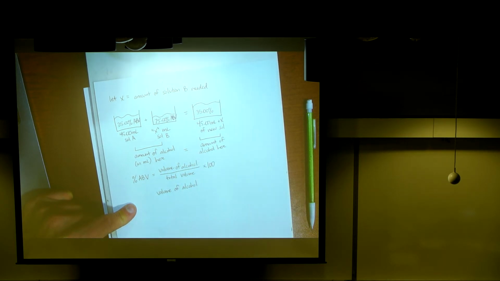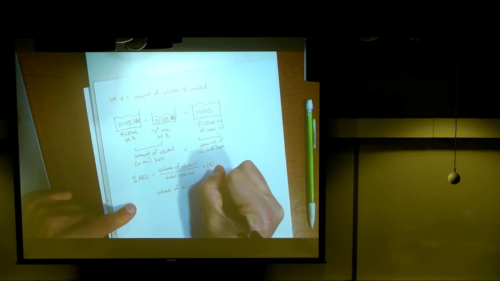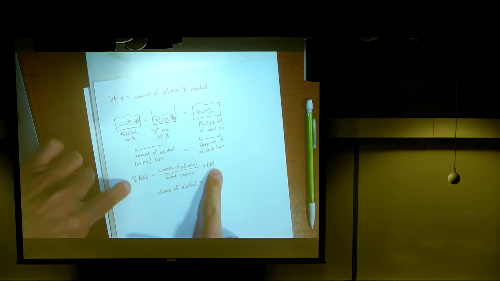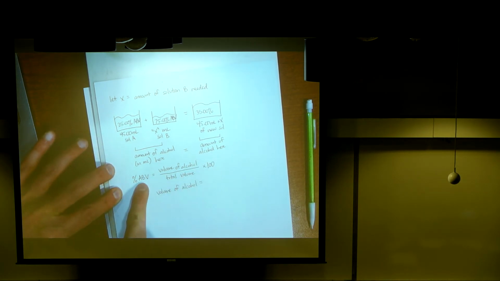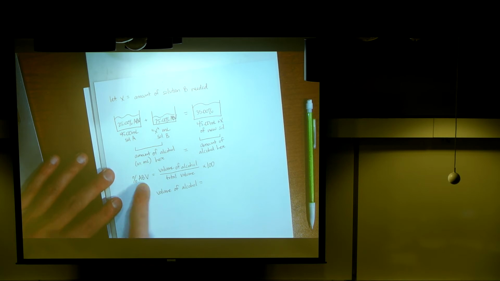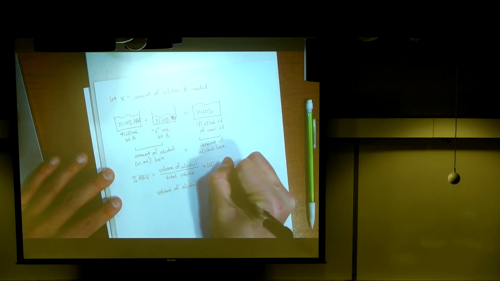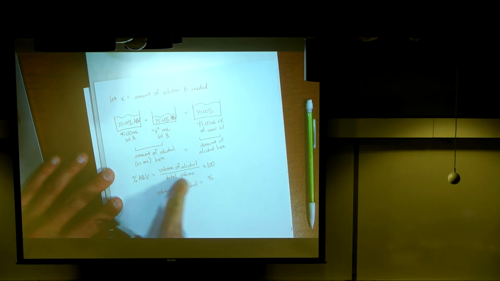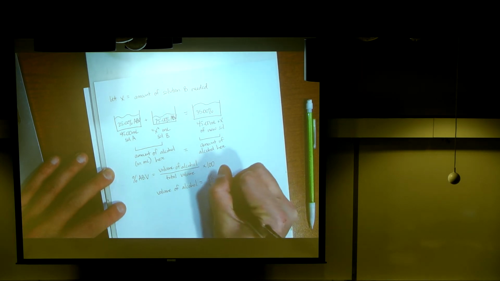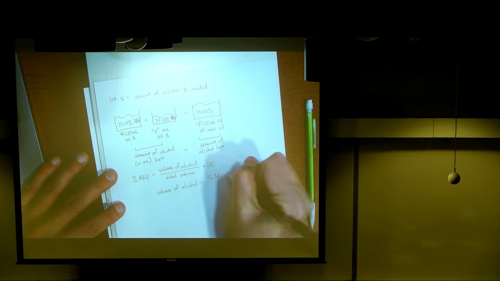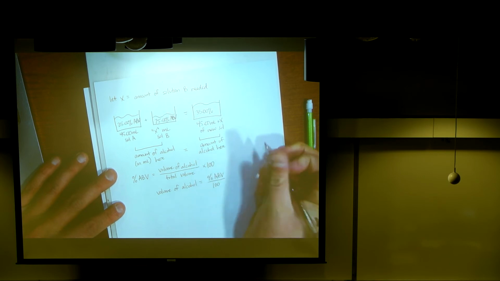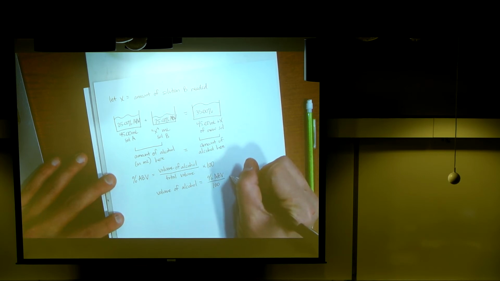So just rearrange things a little bit. If I take this 100 and I divide it, it goes on the bottom over here. And if I take this total volume and I multiply it on both sides, it comes to the top over here. So in other words, the volume of alcohol would be the percent ABV divided by 100 times the total volume.